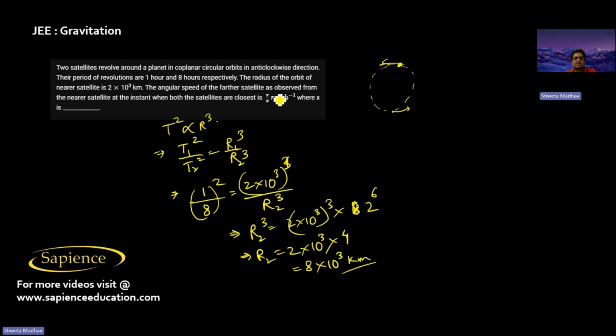Then the angular speed of the farther satellite as observed from the nearer satellite when both the satellites are closest. So they both are closest. One is moving with omega 1, one is moving with omega 2. So therefore the relative angular speed of the second satellite with respect to the first one, the angular speed of the farther satellite as observed from the nearer satellite, omega 21, will be equal to 2π by... omega 1 will be higher since the time period is lesser.